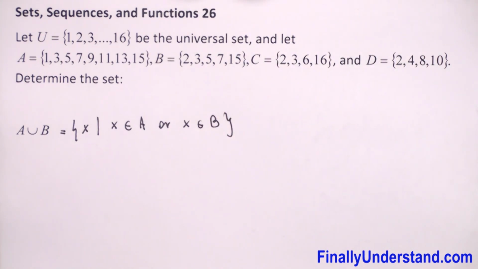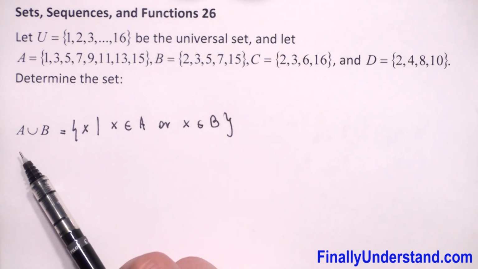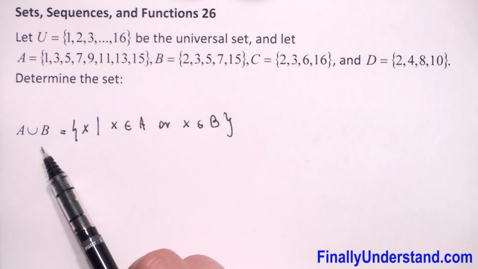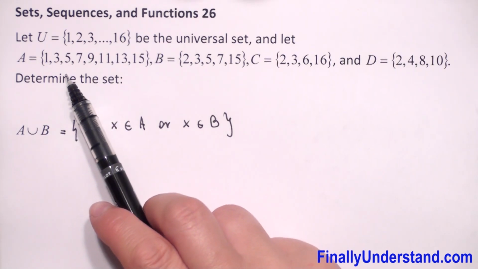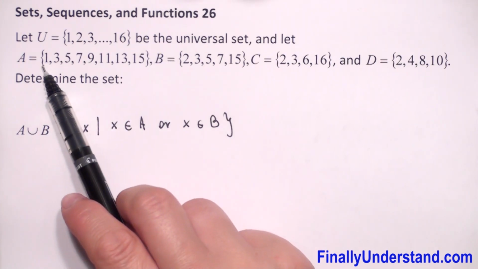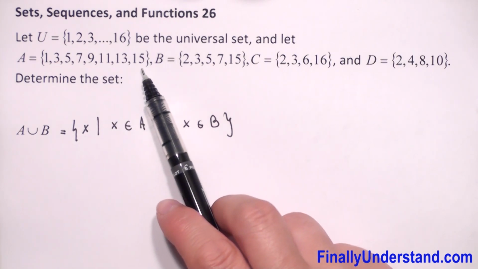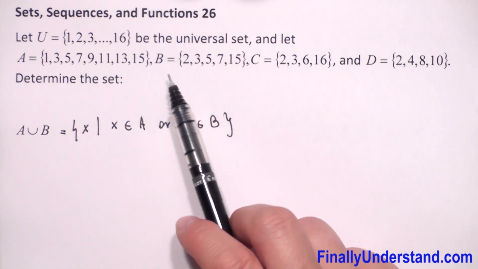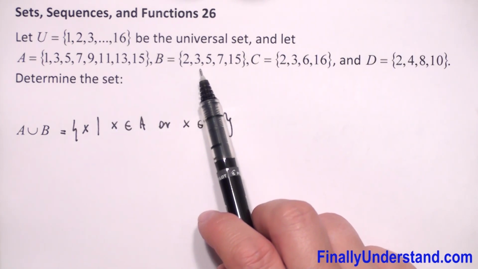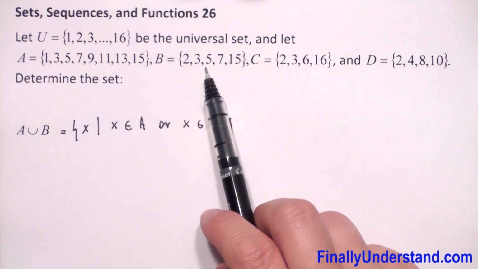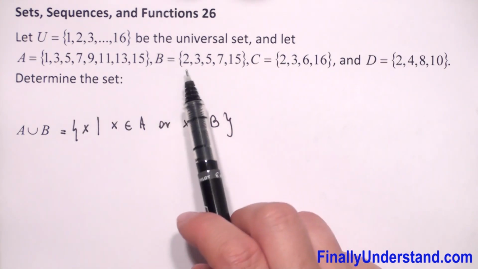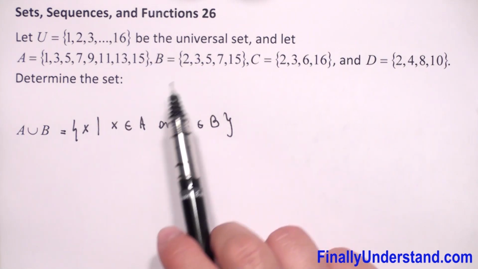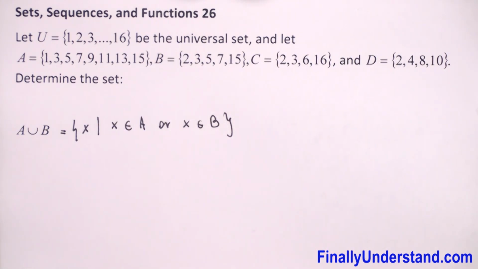So the union of set A and set B will be the sum of set A, so it means all these elements from set A and all elements from set B. And the elements which repeat, like 3, we don't copy, we just write 3 one time.